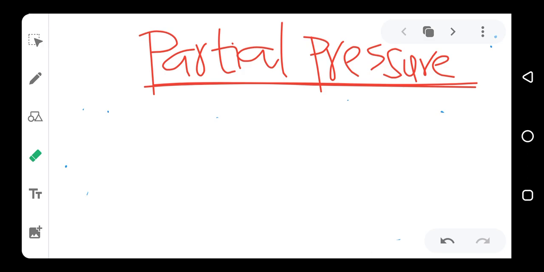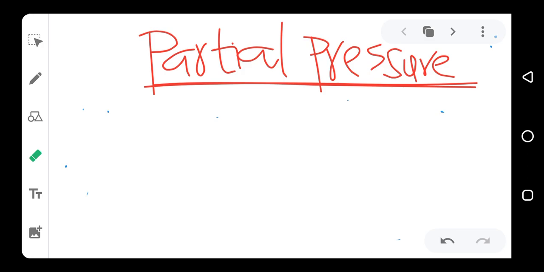We use this when we are collecting gases over water. That is one place we apply this law of partial pressure. When you collect a gas over water, the gas is always saturated by water vapor. Water can form a gas, and the gaseous form of water is called a vapor.